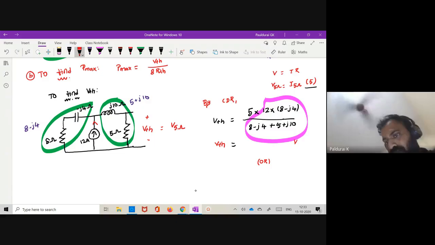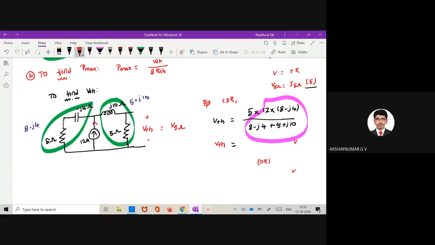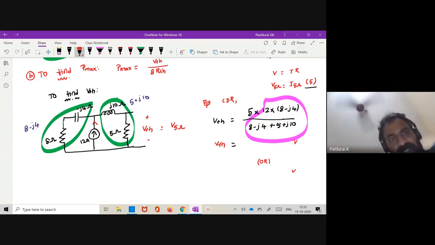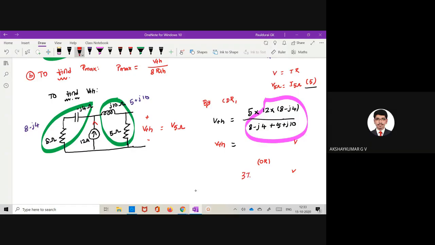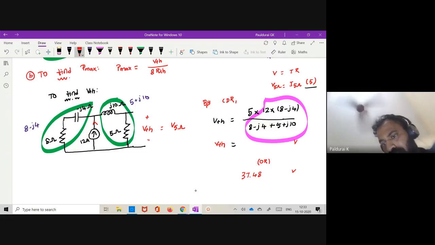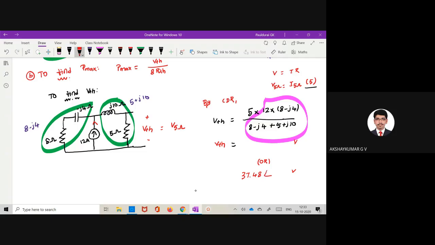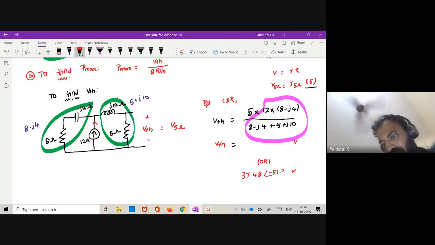In terms of volt. Sir, 37.48 at an angle of minus 51.34. So VTH you are telling, 37.48 at an angle of minus 51.34 degree in polar form.